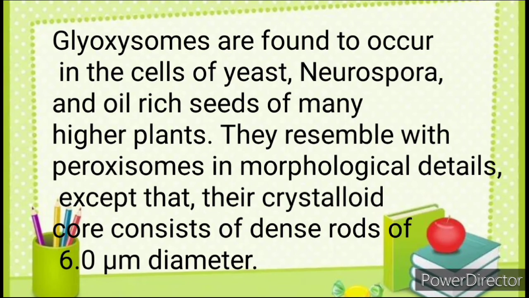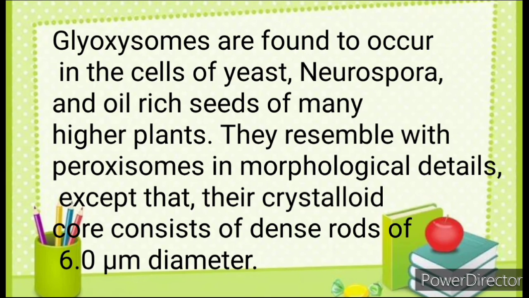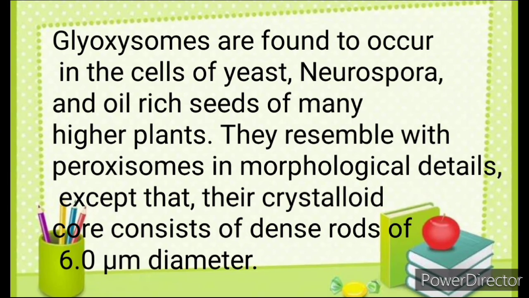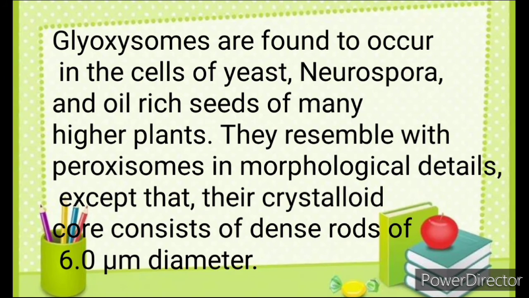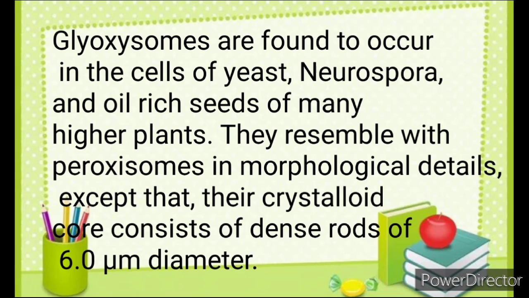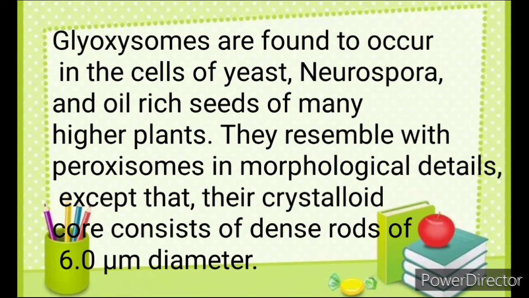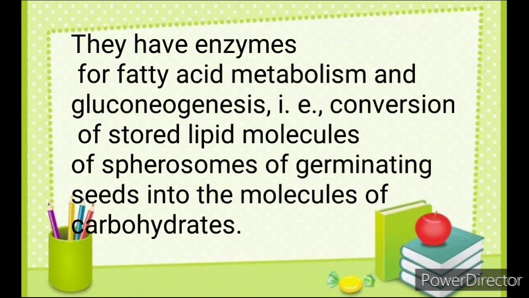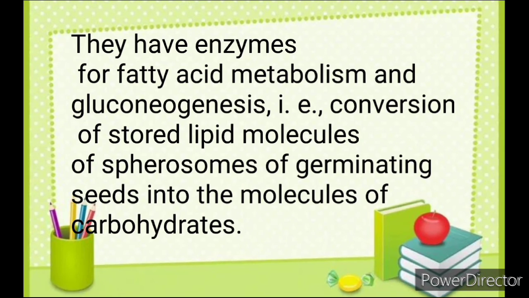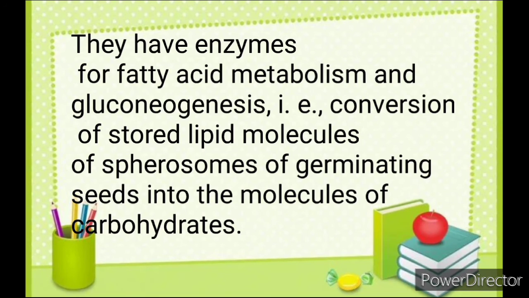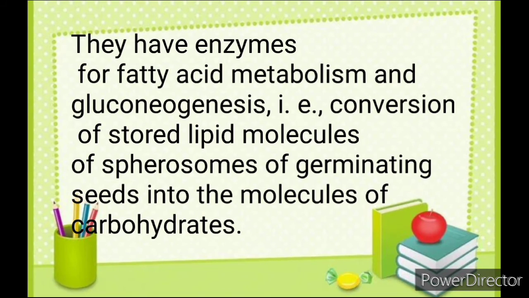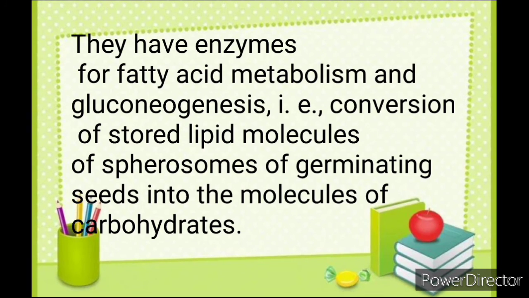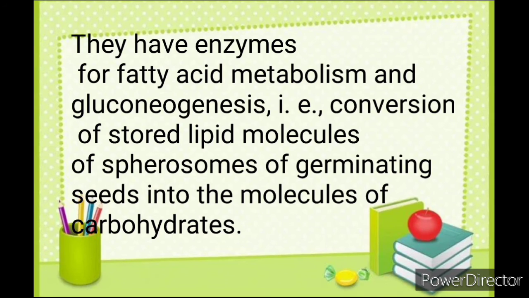They resemble peroxisomes in morphological details, except that their crystalloid core consists of dense rods of 6.0 micrometer diameter. They have enzymes for fatty acid metabolism and gluconeogenesis, that is, conversion of stored lipid molecules of spherosomes of germinating seeds into molecules of carbohydrates.